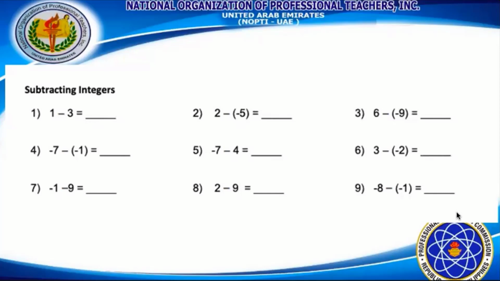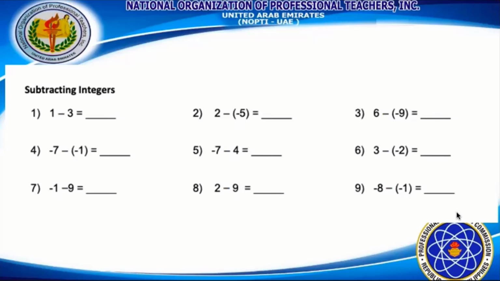Anong answer sa number 8? Is it 11? 2 minus 9. Change the sign of the subtrahend then proceed to addition. So it's positive, negative 7. Tama. Number 8 is negative 7. Number 9, magiging positive siya.